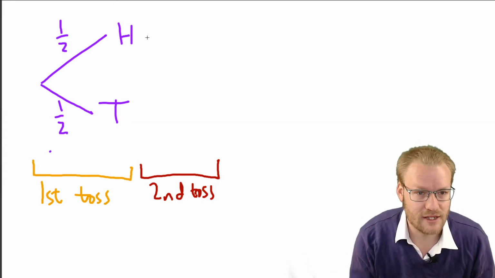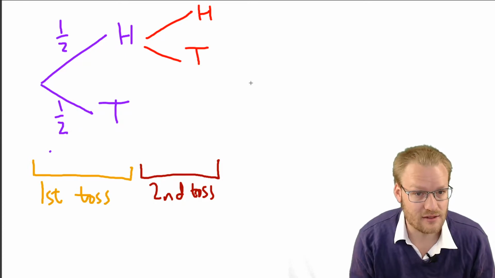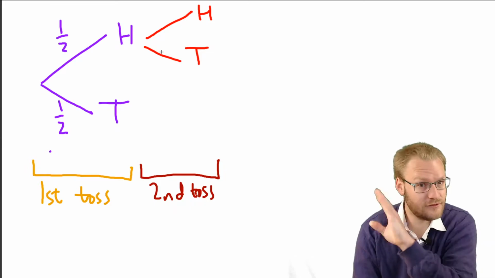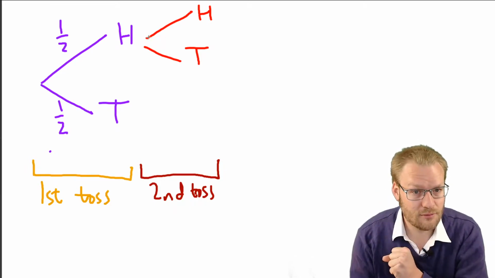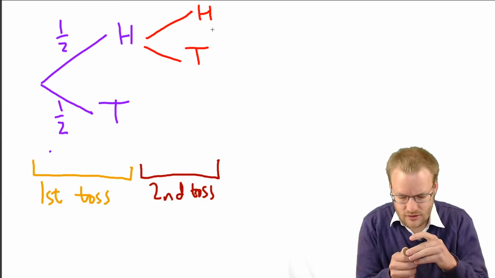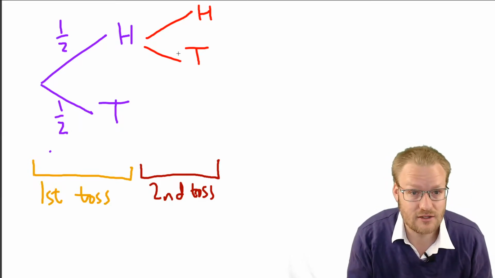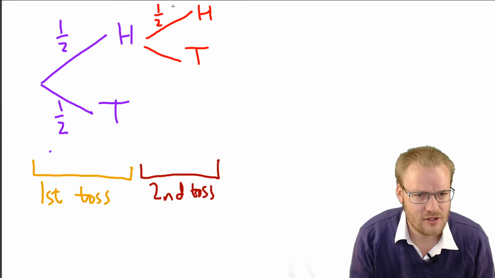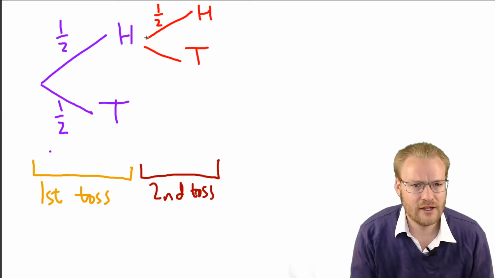So we represent that by going, we could get heads or we could get tails. Now in the second toss, forgetting about the first toss, what's the probability, just starting here, that we're going to toss a head? Well, each time we toss, we know this is a half, and we've discussed this, so that's why I'm jumping through. It's a half, and it either has to be heads or it must be tails. So that must be a half.